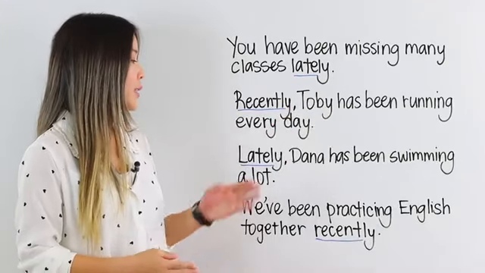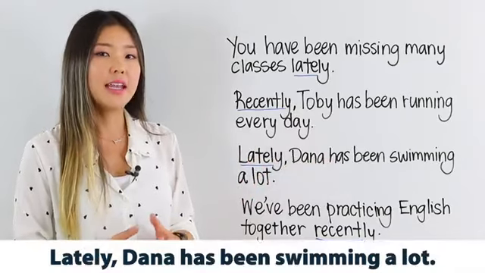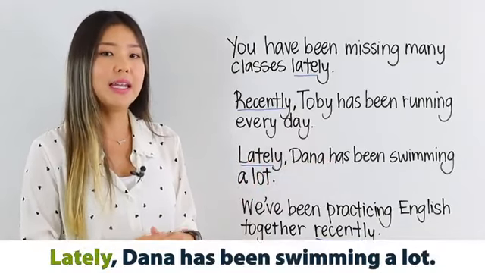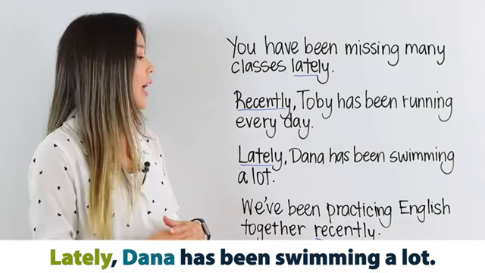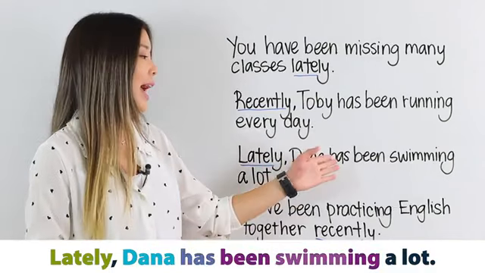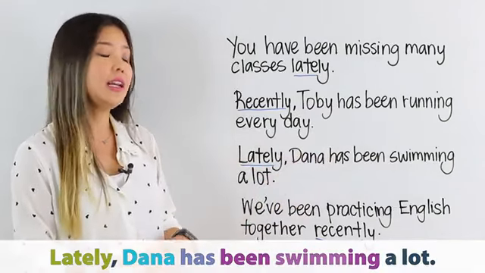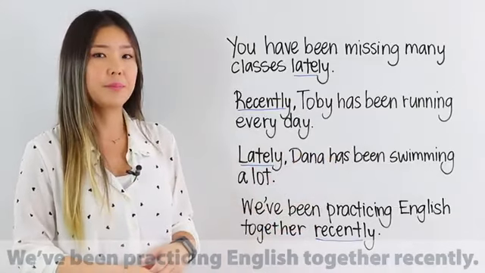The next example says, lately, Dana has been swimming a lot. Again, we use lately at the beginning of this sentence, but you can also use it at the end. Dana is a she, and so we follow this subject with has. And finally, we've been practicing English together recently.